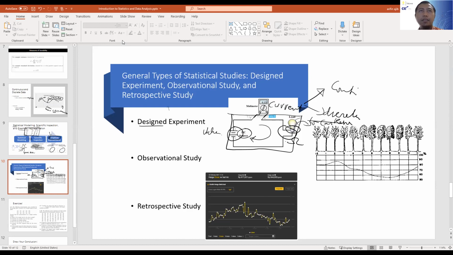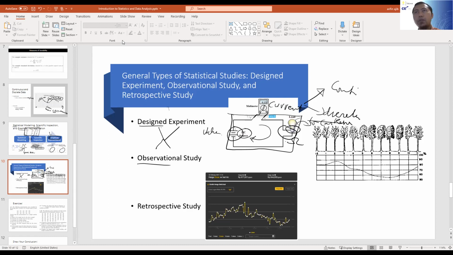And then it is really the opposite of this, the observational study. The difference from a design experiment is that in an observational study, we cannot control the parameter.